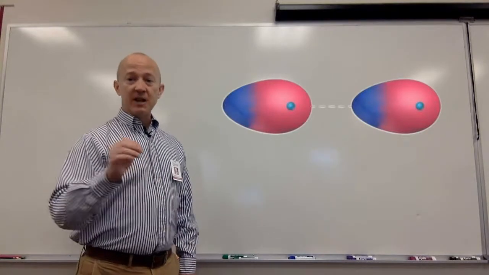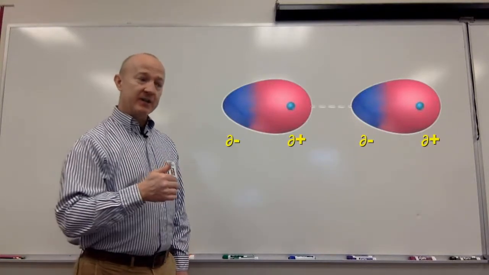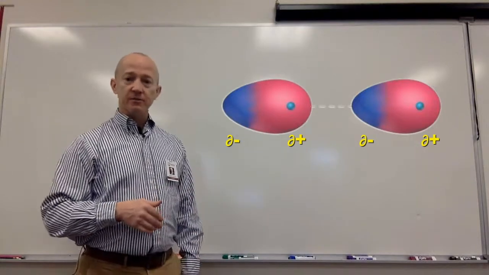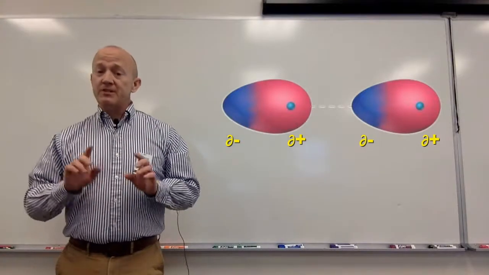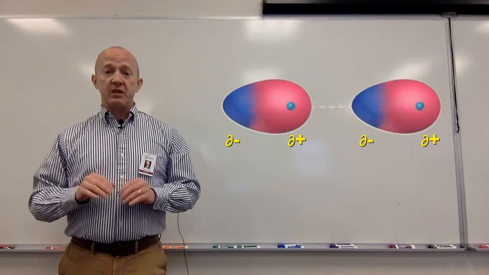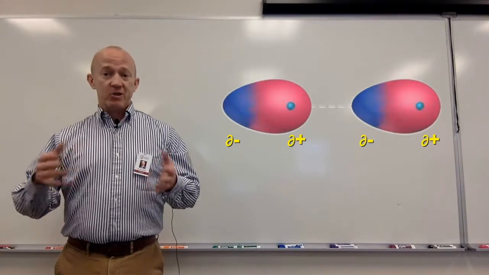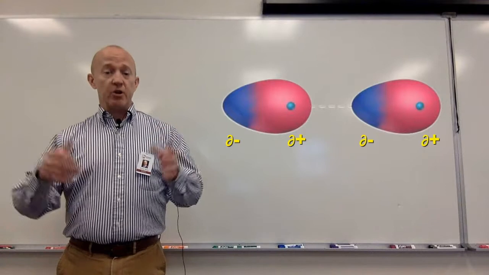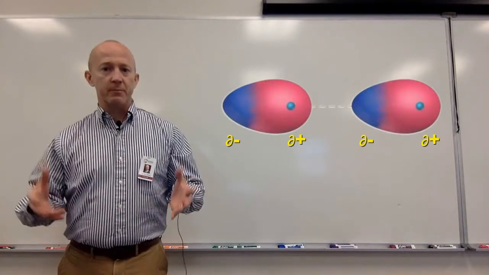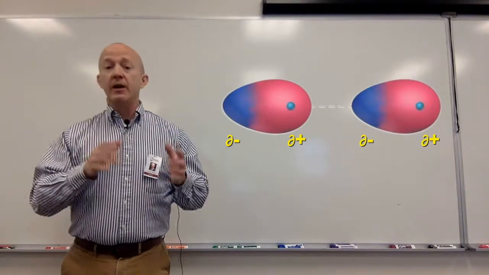This causes a slight bit of negativity on one side and a slight bit of positivity on the other. Just to be clear though, this is only temporary. Remember, as soon as those helium atoms move apart from each other, they'll go back to being ordinary inert atoms with no electron imbalance, no negative end and no positive end.